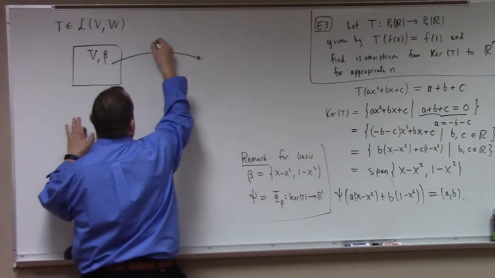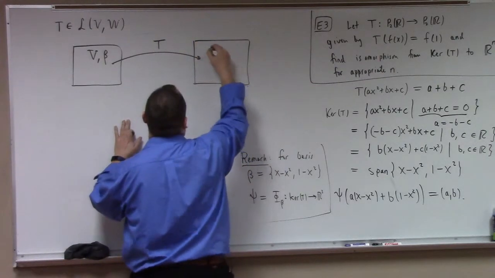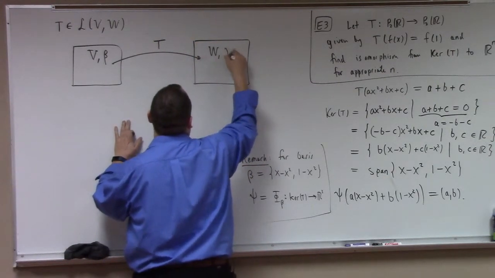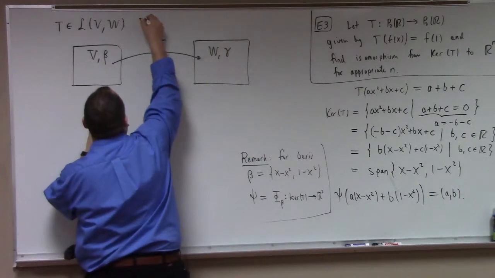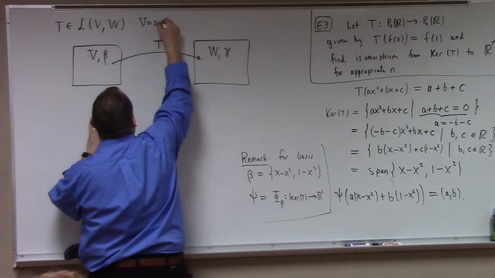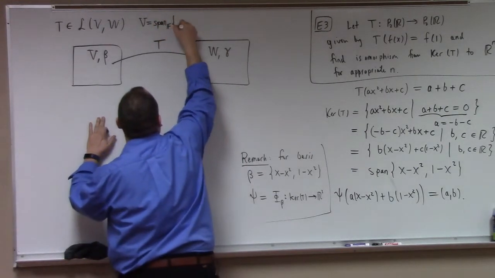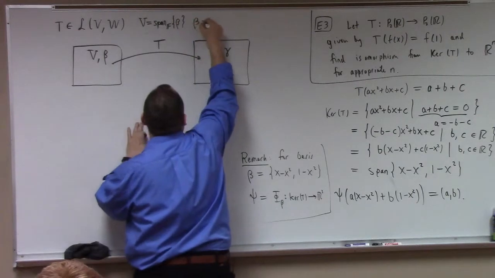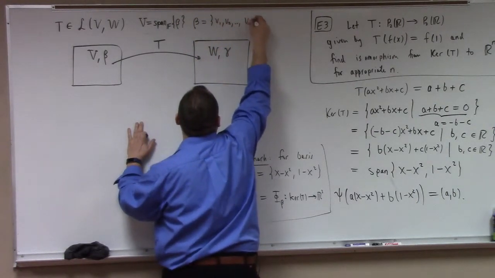We've got this linear transformation T, which goes over here to another vector space W with basis gamma. Let's suppose that V is the span over some field F of beta, and let beta equal v1, v2, ..., vn.